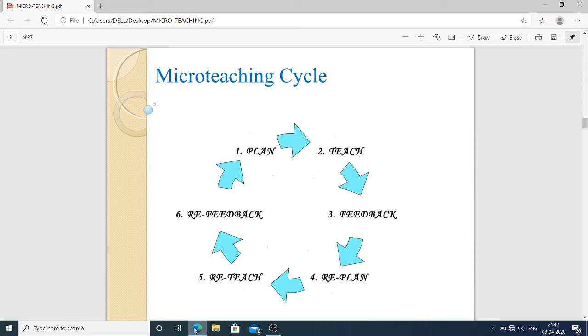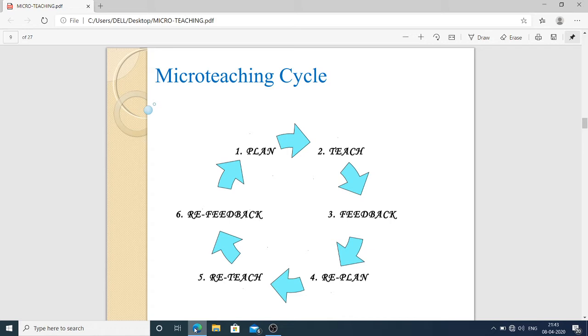Right? Then micro teaching has a cycle which has a total of 6 steps. The first is to plan the teaching: plan the topic, prepare the topic, then teach the first group. After that, take feedback from the first group.